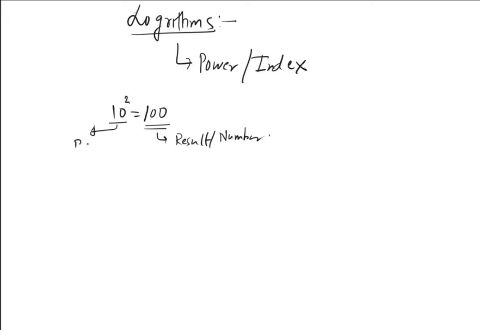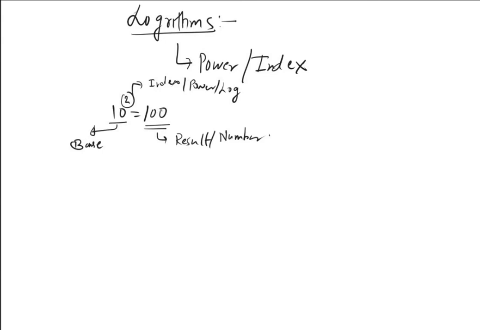This 10 is the base, 2 is the index, or power, or now we start calling it as log. One and the same thing. So the logarithms are another way of writing indices.